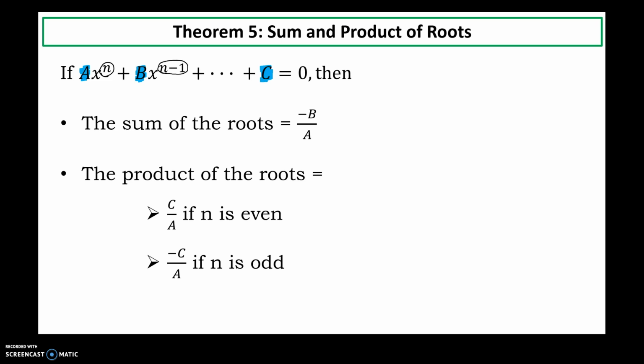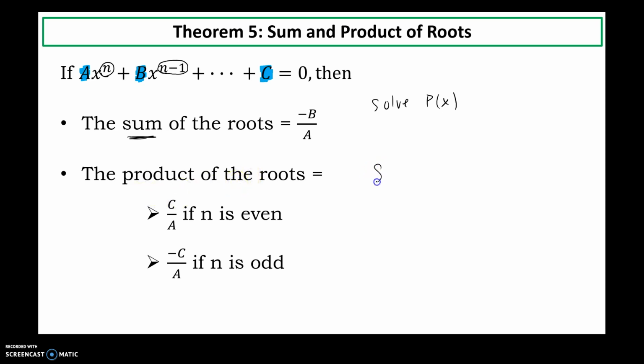Okay, so the sum of the roots. If I solve some polynomial, I get whatever the solutions are, and then I add those roots together, they're always going to equal negative b over a, where negative b is the coefficient of the second term and a is the lead coefficient. The product of the roots.